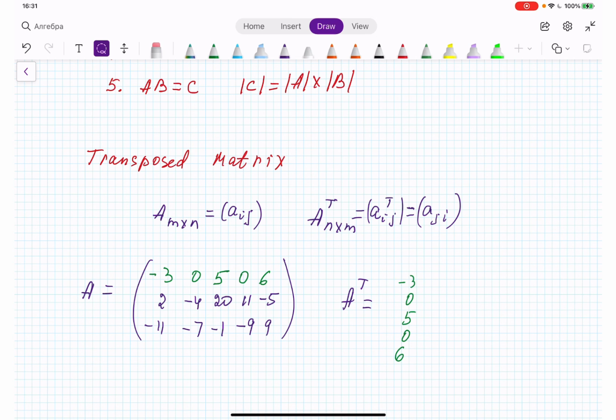Next, this one is going to be blue. So it's going to be here 2, -4, 20, 11, -5, and the third row will become the third column: -11, -7, -1, -9, and 9. So this is going to be the transposed matrix.